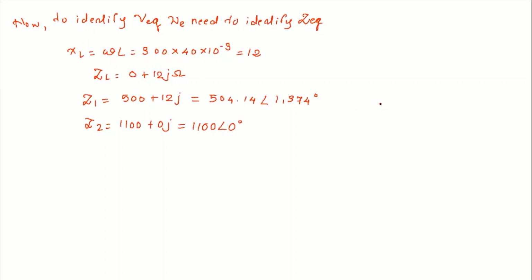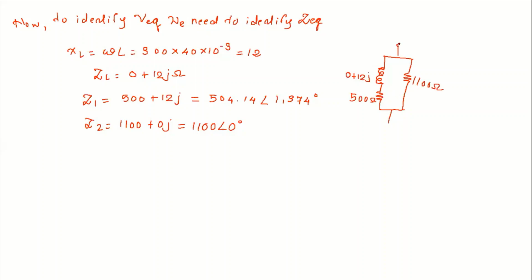So what does it mean? I'll draw this circuit once again. I have one inductor, next to it a resistor, and one more resistor. This one is 0 plus 12J, this one is 500 ohm, another one is 1100 ohm.